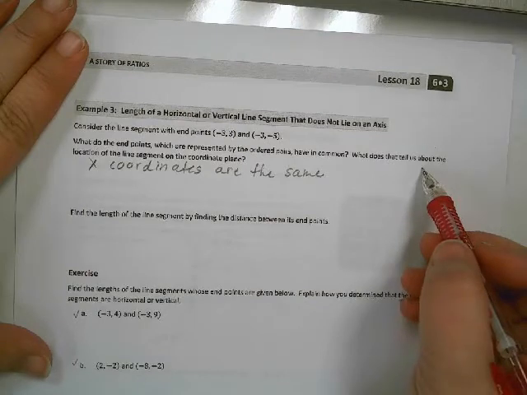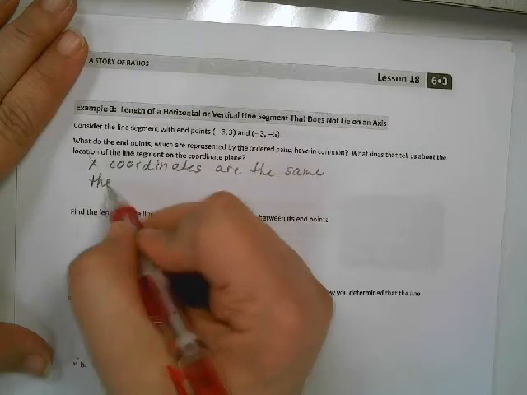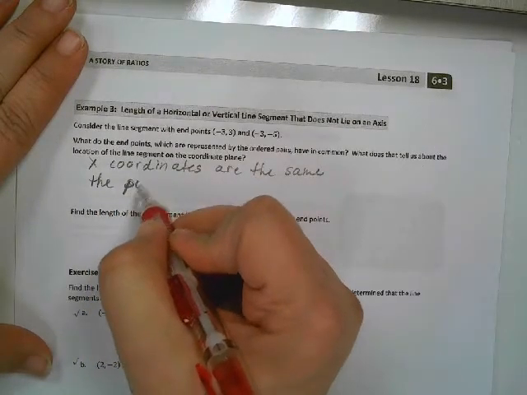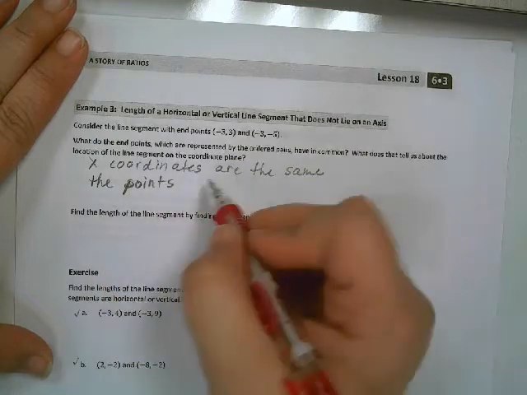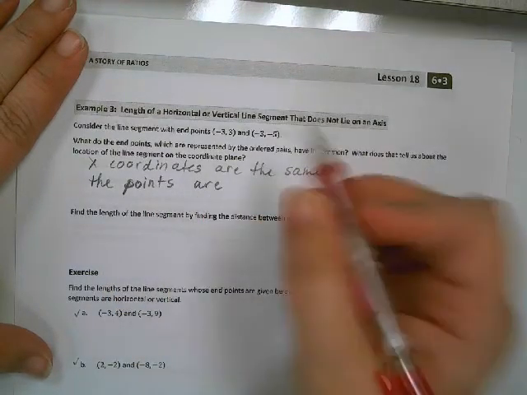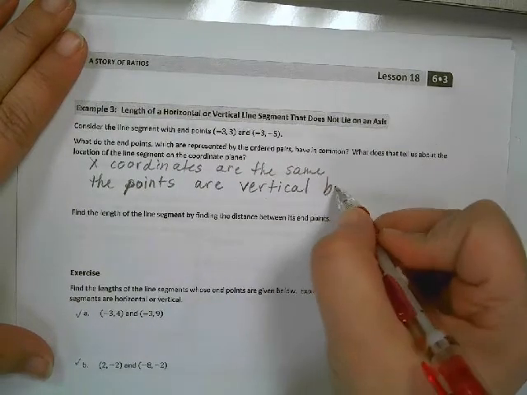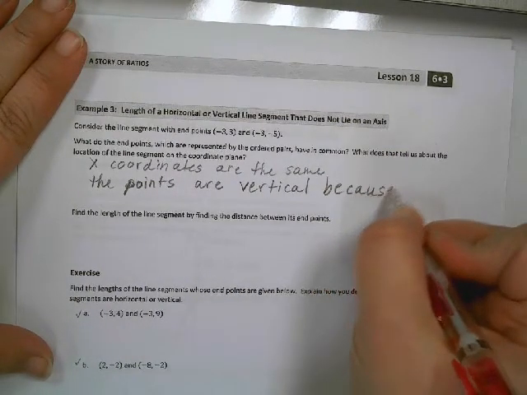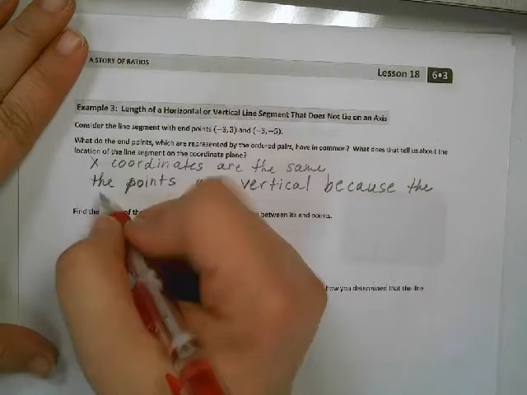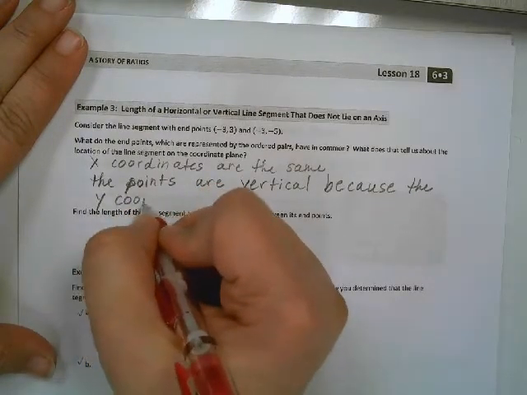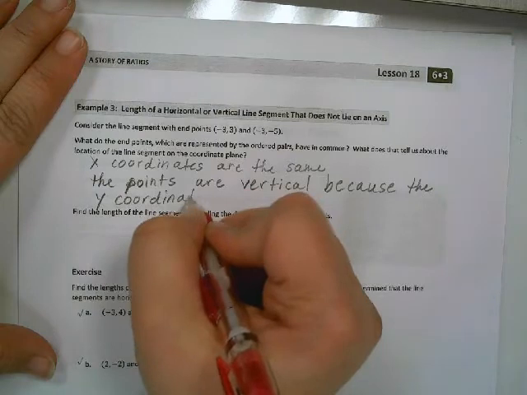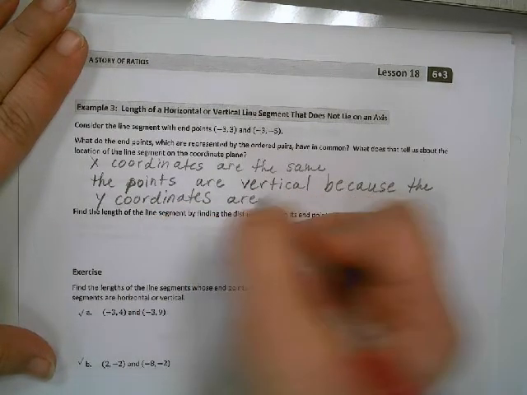So what that tells us is the points are vertical because the y coordinates are different.